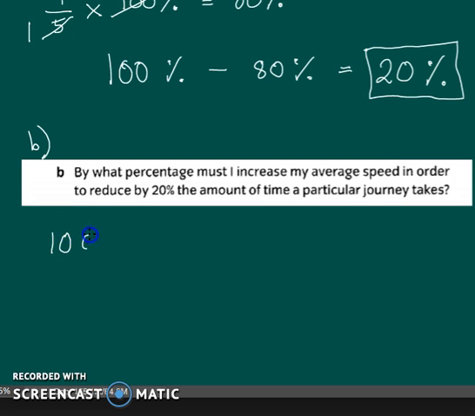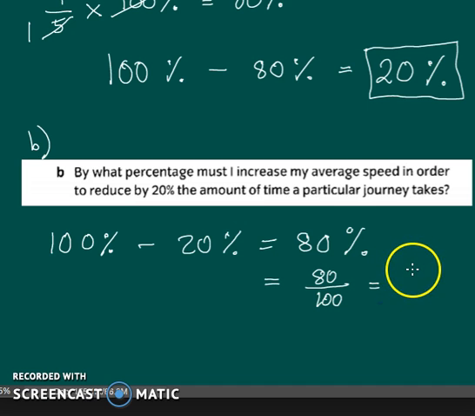So we can say 100% minus 20% gives us 80%. So we want to take only 80% of the time that we usually take. And in terms of fractions, 80% can be expressed as 80/100, which can be simplified to 4/5. And we can go ahead and plug it into our formula.